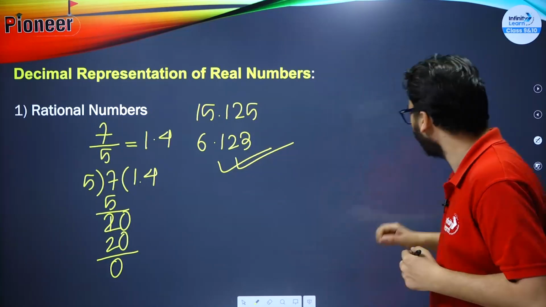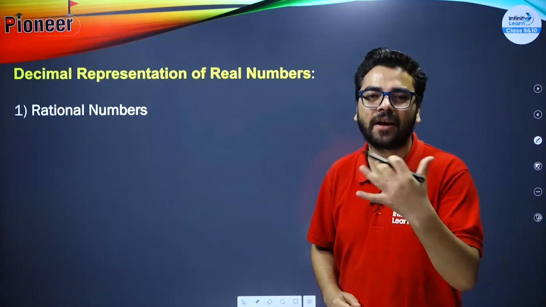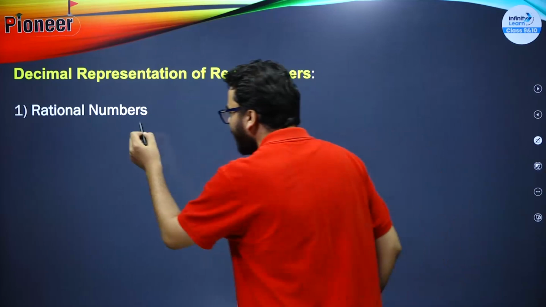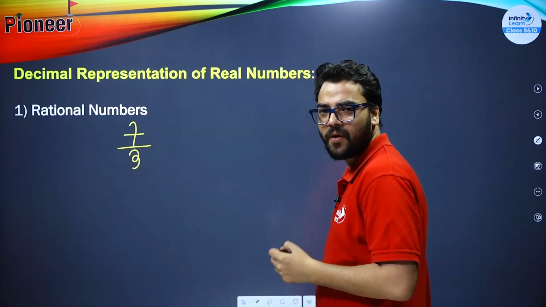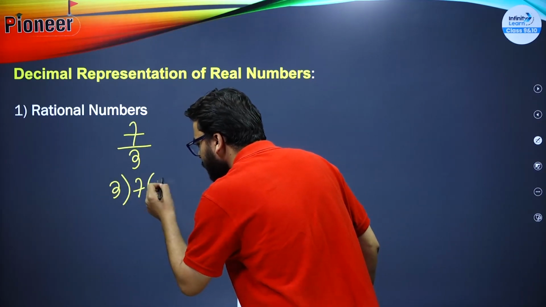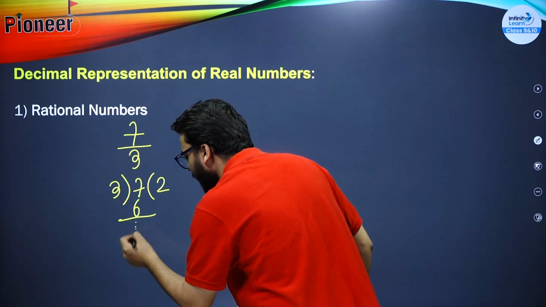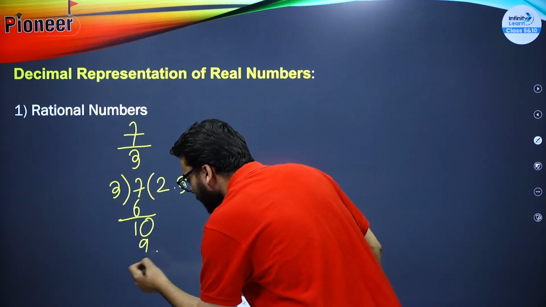Now the second type of decimal representation can be non-terminating but repeating. For example, in the same case, if I take 7 divided by 3. If you actually divide 7 by 3, what will happen, guys? You see 3 2s are 6, remainder is 1. And then if you put a decimal, you will get 3 3s are 9, remainder is 1.